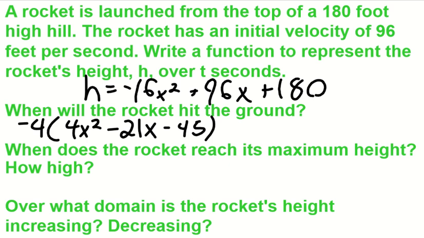So when you do this, what you're looking for, you got 4 times 45, so you're trying to make negative 180, and it's going to add to a negative 21. So you got different signs, bigger number is going to be the negative. So go ahead, find where that ball is hitting the ground, or rocket. This one's a rocket.